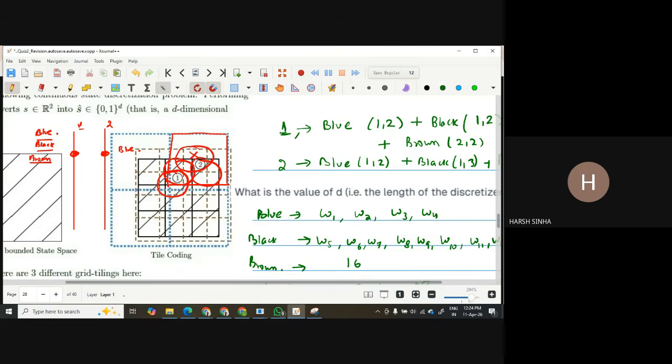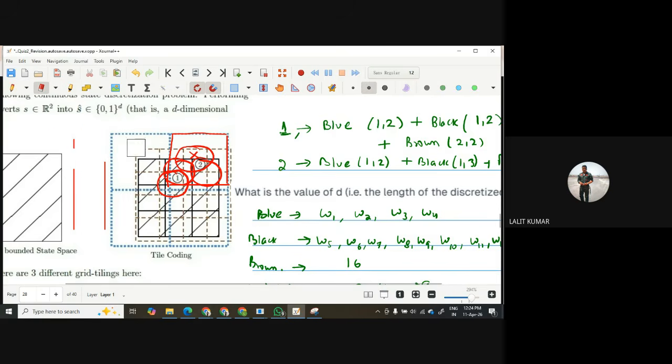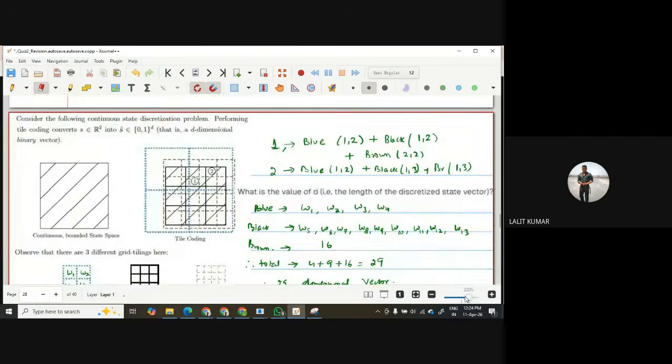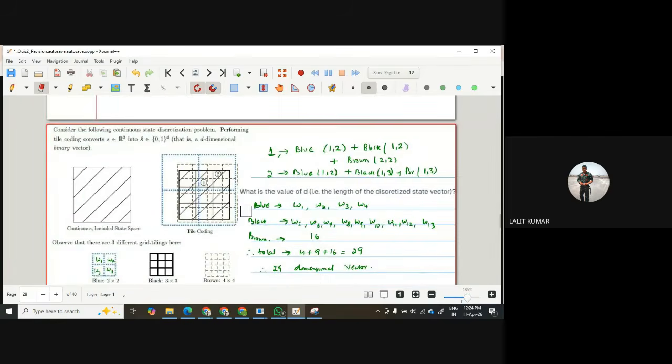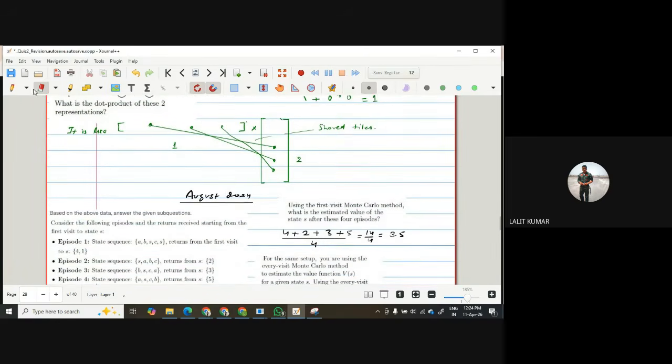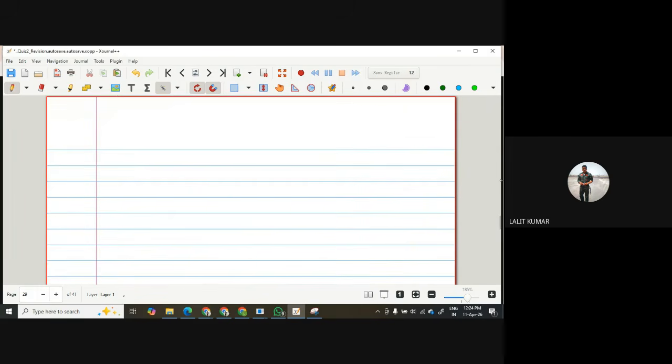Sir, what does common mean? Common means, see, when I represent point 1 and point 2, it will represent blue W1, W2, W3, W4 for blue.